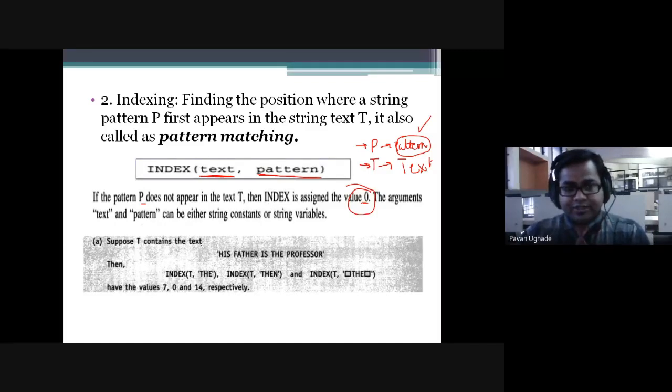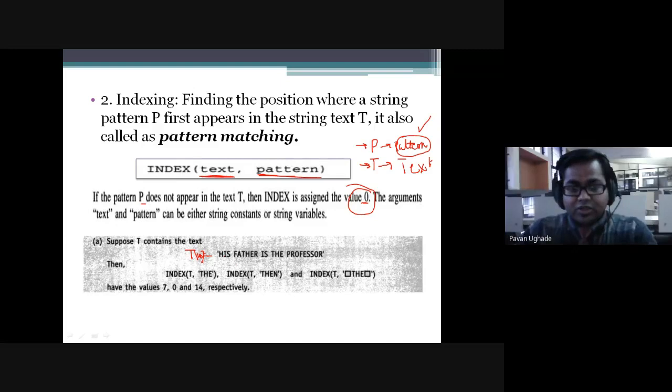Let's see this example. Suppose t contains the text. This is your string t. It has the contents: His father is the professor. I'll initialize it with t of 100.